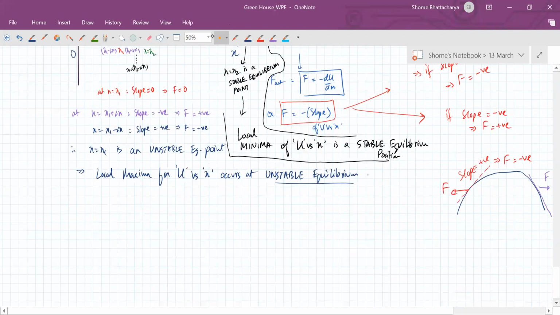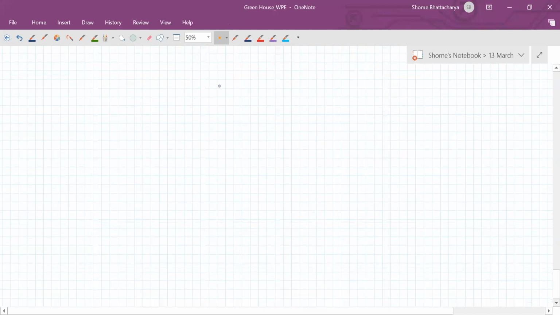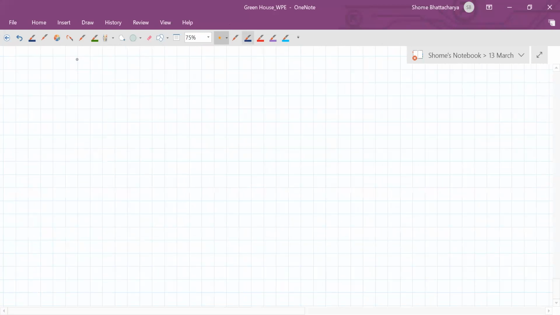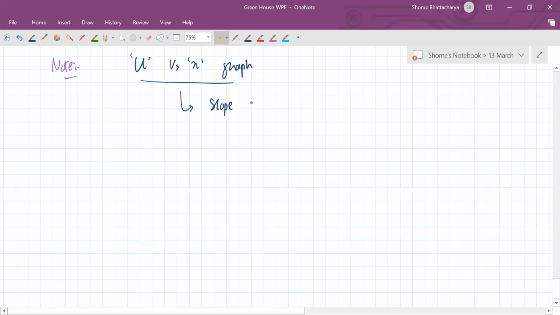Okay, so a very important thing to remember here: in the potential energy versus x graph for these 1D systems, slope is negative of force, or force equals the negative of the slope. That's the first thing.